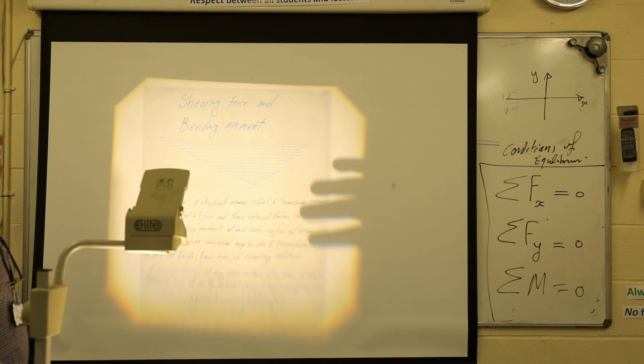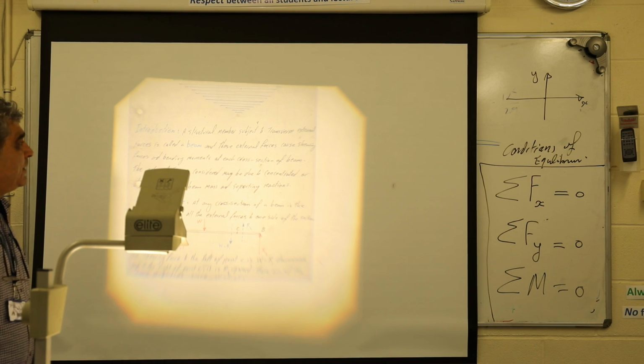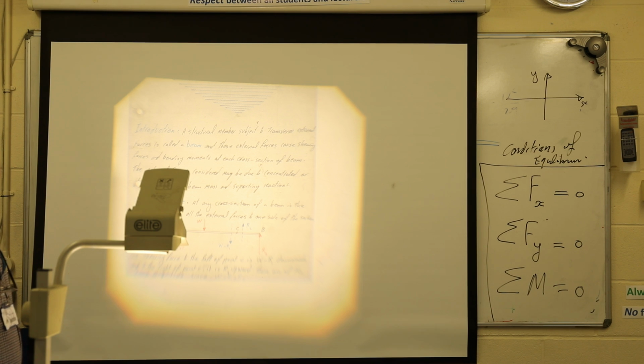This is shearing force and bending moment. In the introduction, a structure member subjected to transverse external force is called a beam, and these external forces cause a shearing force and a bending moment at the cross section of the beam.